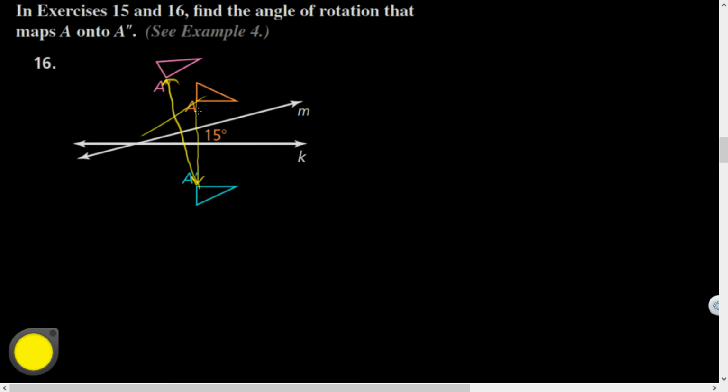From the original, there we go, that's more believable. To this one, what would this angle be? This doesn't look to scale to me. But it's going to be whatever the acute angle is between those lines, you double it. So it's going to be 30 degrees is the answer.